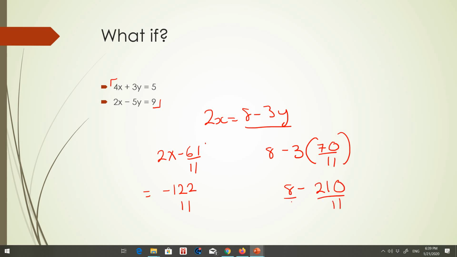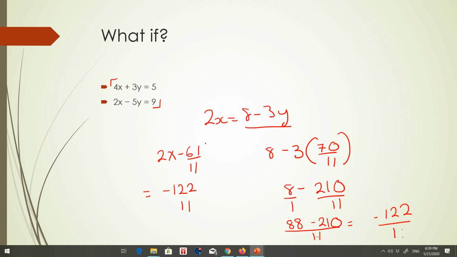Again, so we have 8 over 1. 11 divided by 1 is 11 times 8, 88. 11 divided by 11, that's 1, minus 210. And what's the value of 88 minus 210? So we're going to get minus 122. Interesting.